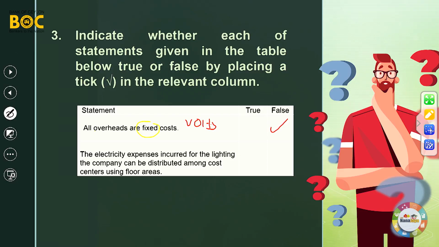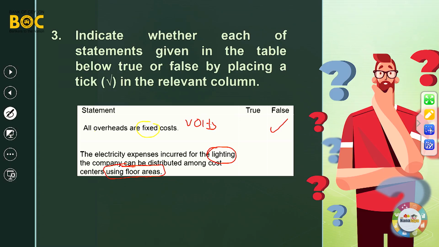The next one: the electricity expense incurred for the lighting of the company can be distributed among cost centers using floor area.